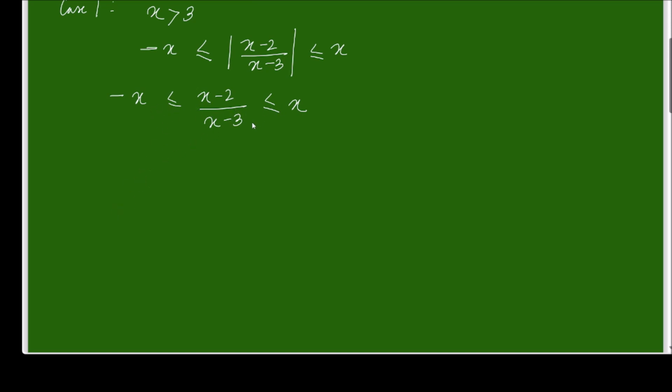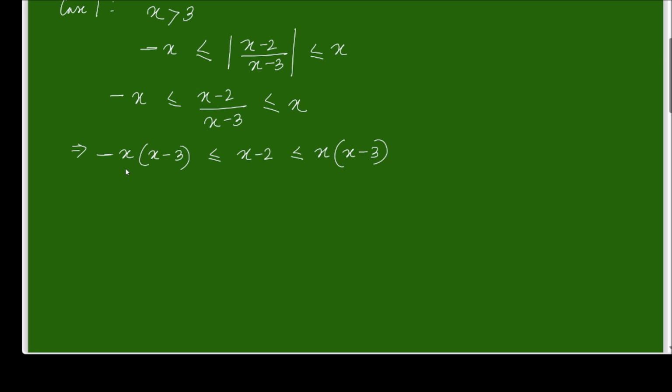Now to simplify, I will multiply throughout by x minus 3. So it will be negative x into (x minus 3) less than or equal to x minus 2, less than or equal to x into (x minus 3).